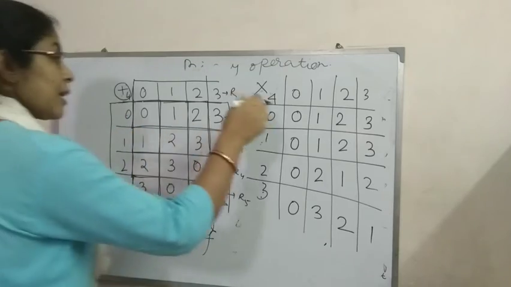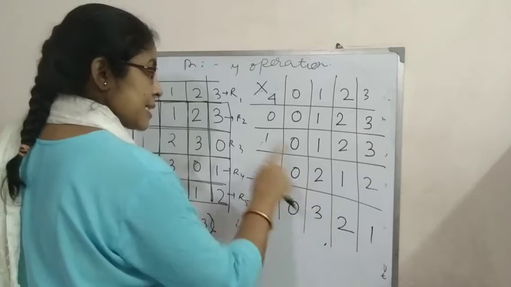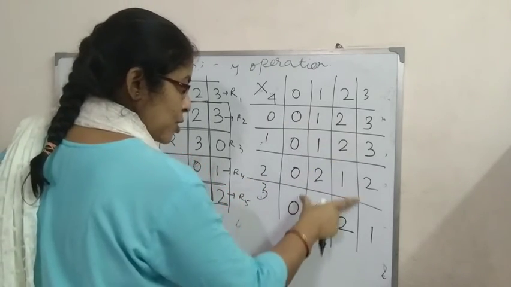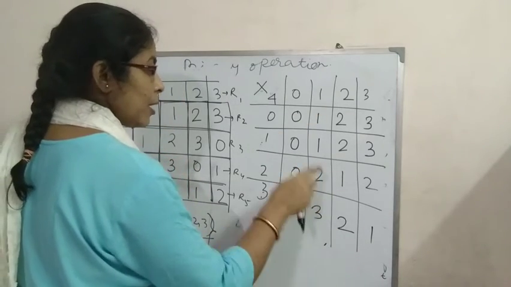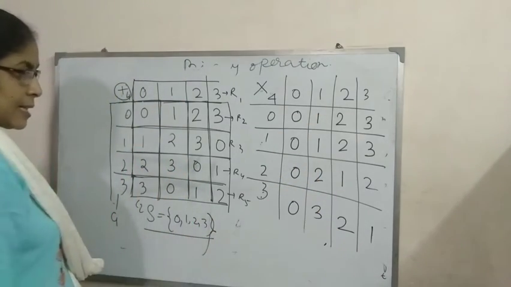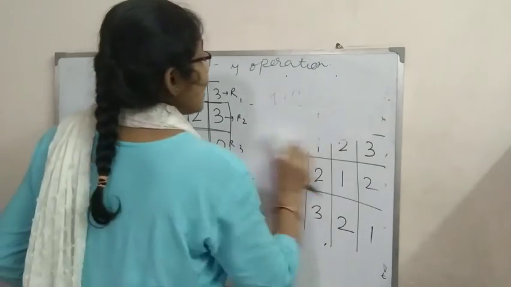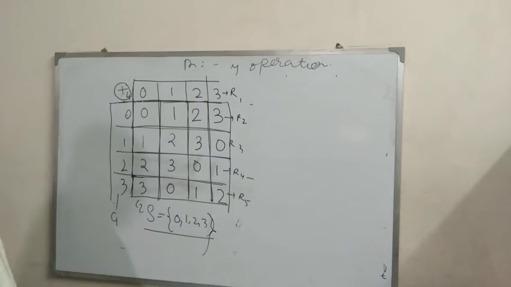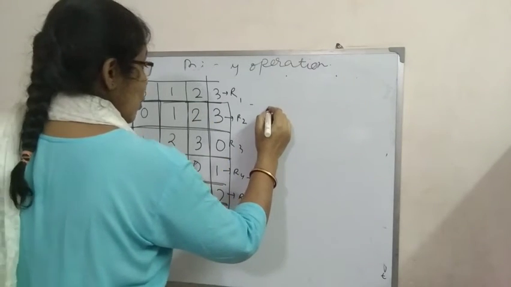First, in the modulo multiplication table, all elements are the same thing. All entries of the composition table are elements of the set. Now I will discuss the closure property.